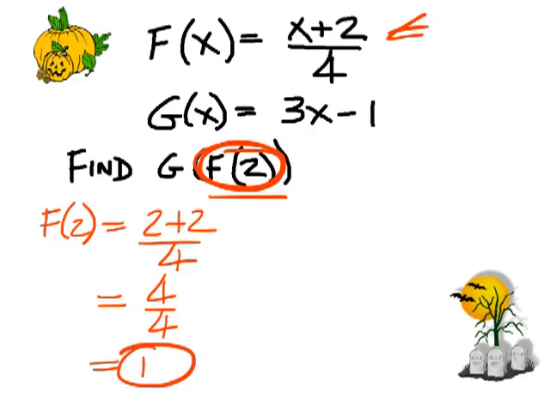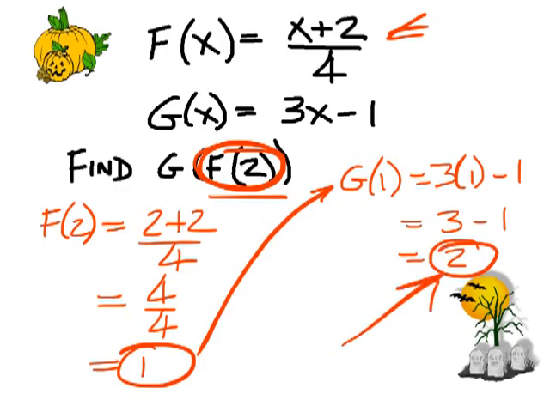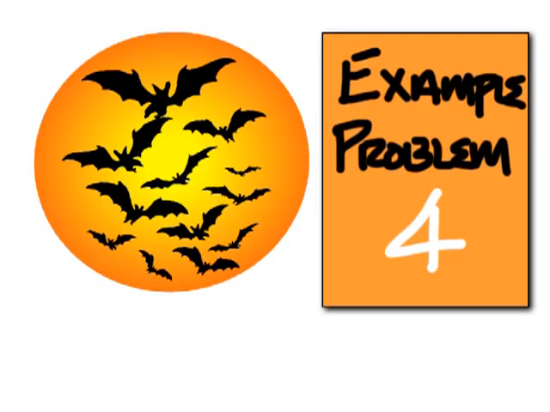That's from the inside. Now we take that to the g function, g of 1, 3 times 1 minus 1. 3 minus 1 equals 2, and this is the final answer. Example number 4.